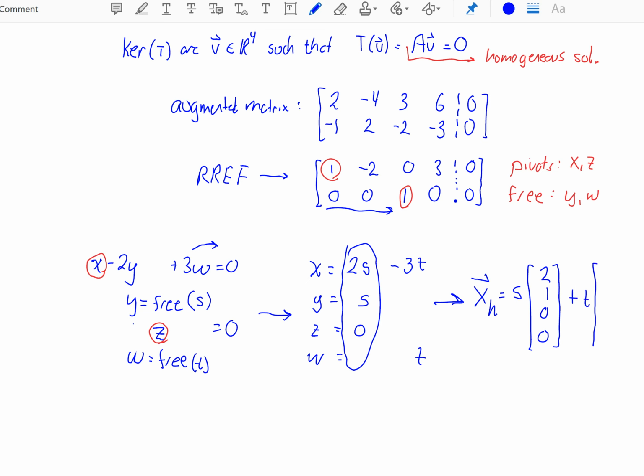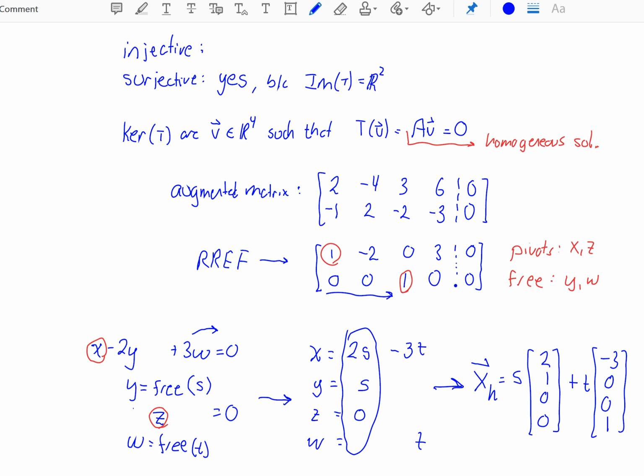Plus t times the coefficients of our last variable, negative 3, 0, 0, 1. These are our homogeneous solutions, which happen to also be our kernel.